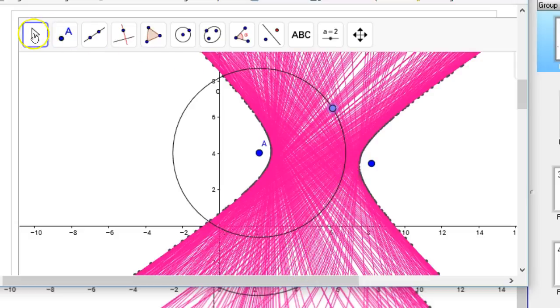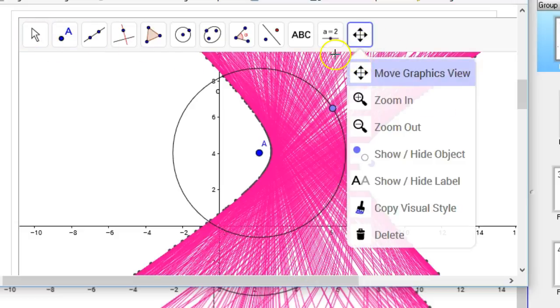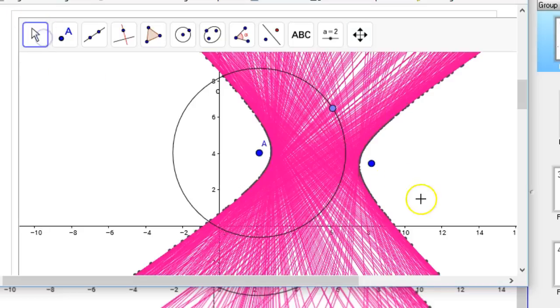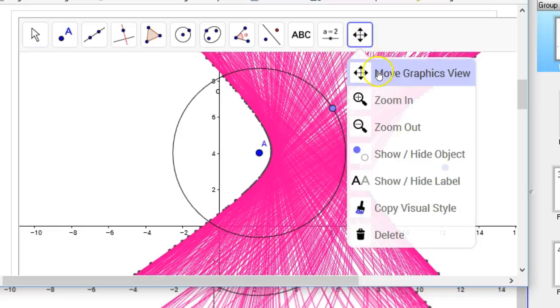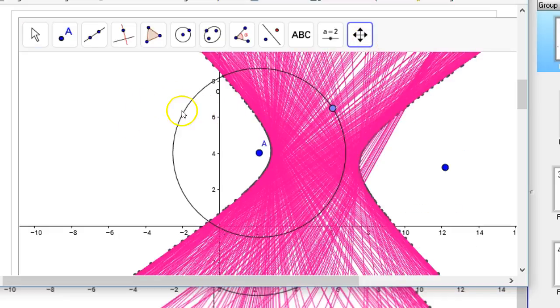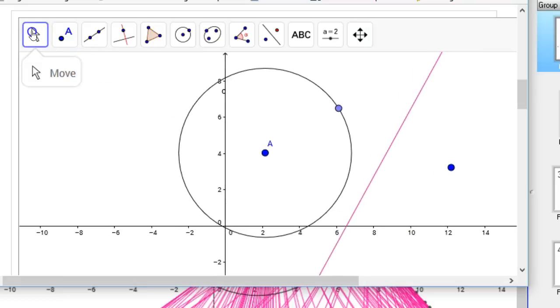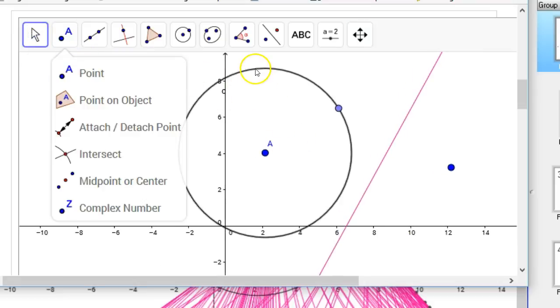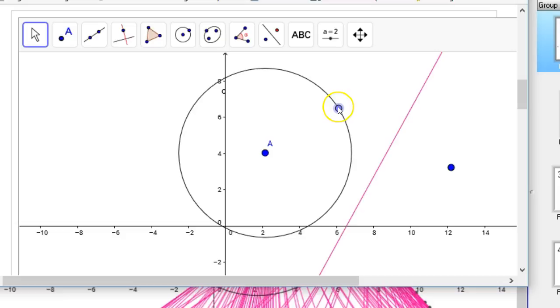What's kind of neat is, we'll go ahead and move this. If you move that point out a little further away, it changes the eccentricity of the hyperbola. So let me clear things out. And we'll go ahead and rotate this again. Still the same thing. This is a perpendicular bisector.